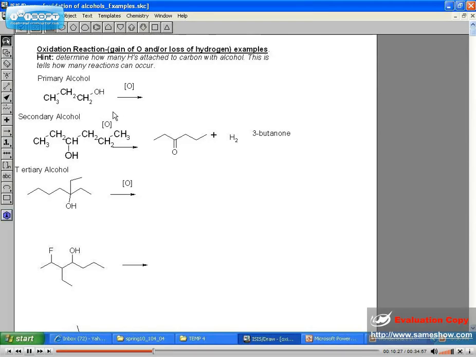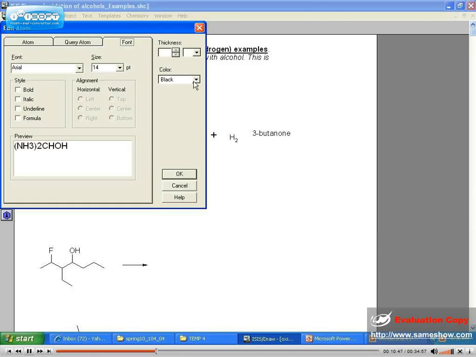So there's a molecule right here. We then need to count how many carbons, I'm sorry, I take that back. We need to count how many hydrogens are connected to the alcohol bonded carbon. So in this case, I'm going to highlight this in blue.